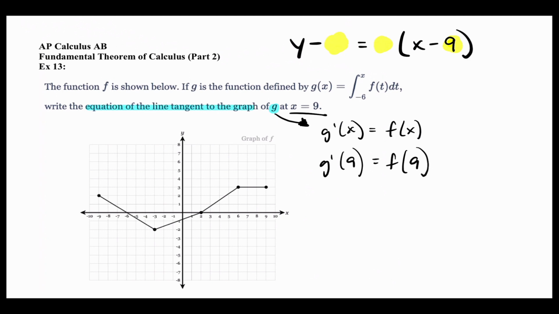There you go. The graph is f, right? F of 9 means the y-coordinate at 9. The y-coordinate at 9 looks like it's 3. So g prime of 9 is 3. That's the slope.